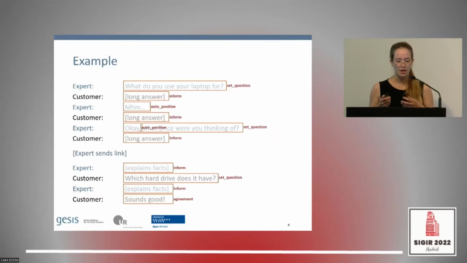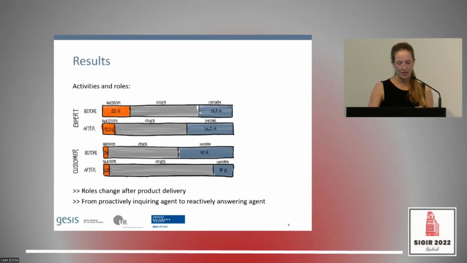Now, based on the annotations, we then searched for commonalities in the dialogues. First, we looked at the distribution of dialogue acts of the utterances in the conversations. So the diagram here shows how many utterances were questions, informing statements, or any other types of acts. And we look at the conversation before the first link was sent and after the link was sent.